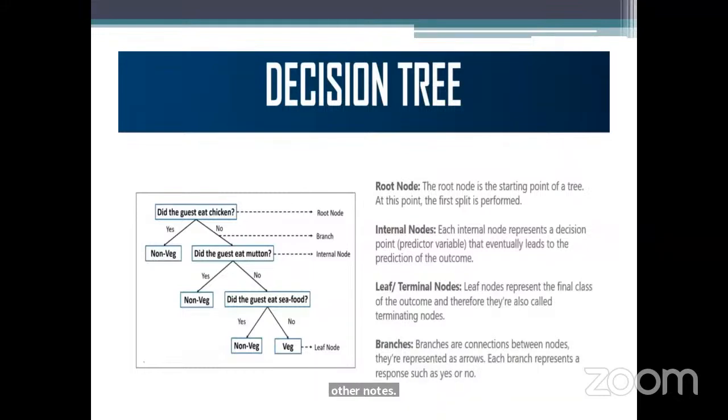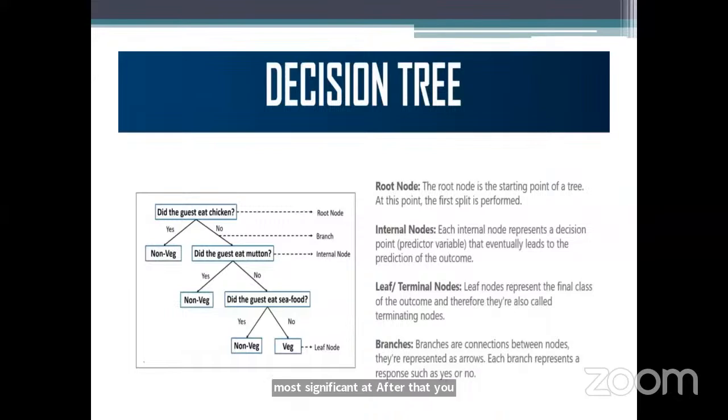The topmost node is known as the root node. Here: did the guest eat chicken? The root node is assigned the variable that is very significant, meaning that variable is very important in predicting the output. So you can assign the variable that you think is the most significant at the root node.